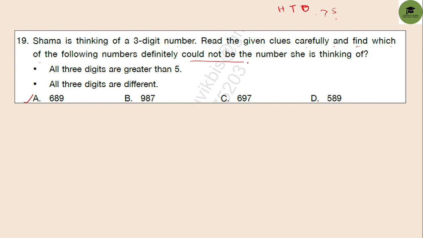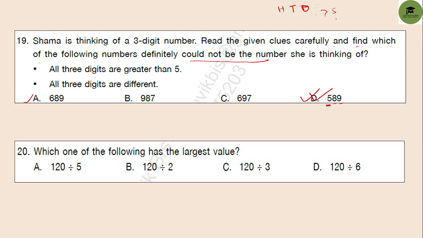Which could not be the number? So 689 is correct, all are greater than 5. 987 is also correct because all 3 digits are greater than 5. 697 is also correct, all 3 digits are greater than 5. But in option D, 8 and 9 are greater than 5, but 5 is not greater than 5. So option D is the correct answer. That could not be the number she is thinking of. Okay.